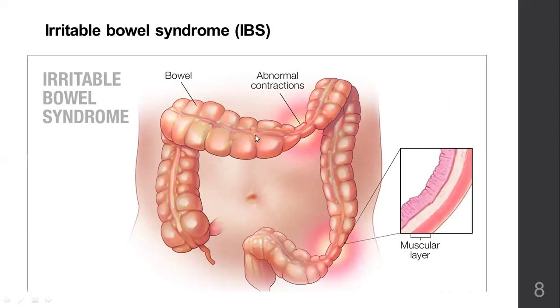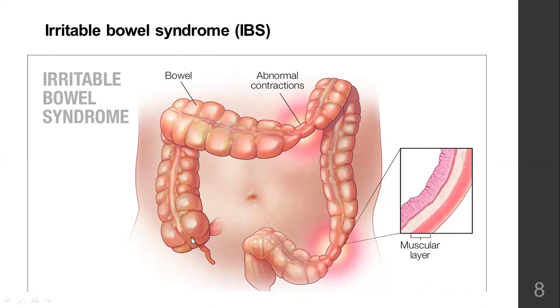One part contracts and one part relaxes. The relaxing part will receive the food, the contracting part will push the food. This is called the peristalsis movement. But in IBS, contractions are abnormal. It can happen anywhere, irrespective of the passage of food.